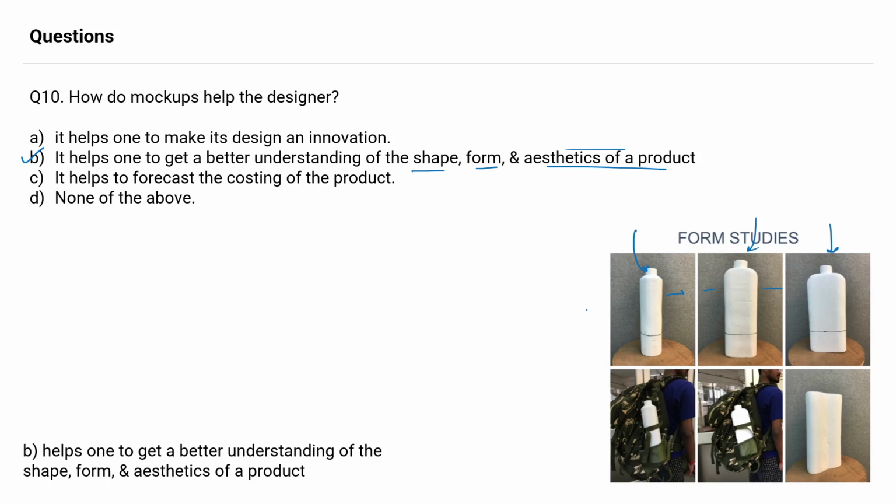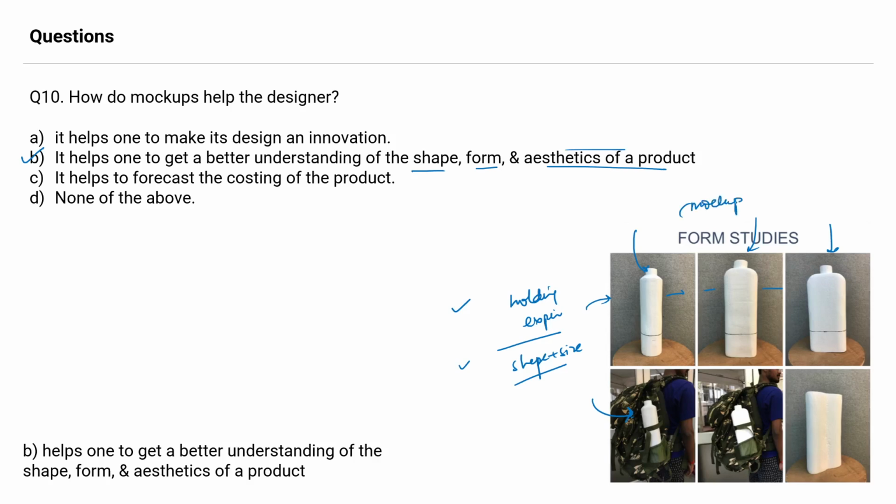What people can do is they can actually hold it, so they can find the holding experience, right? They can actually see the shape and size of it. They can fit it in the bag. Is it coming along well? Is it easy to place it in the bag? Is it easy to take it out? So all these things, you can gain more insight by using a mock-up.